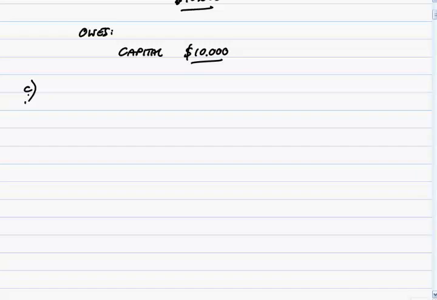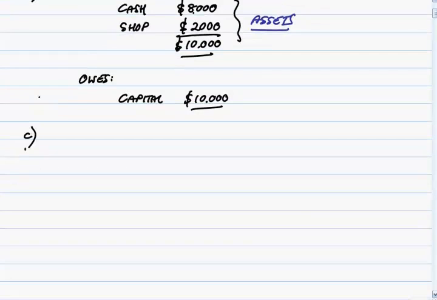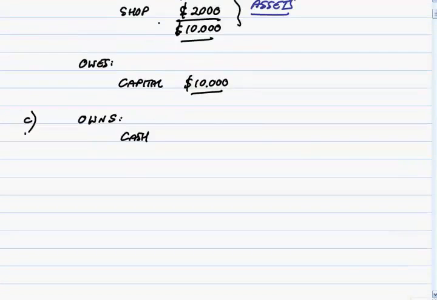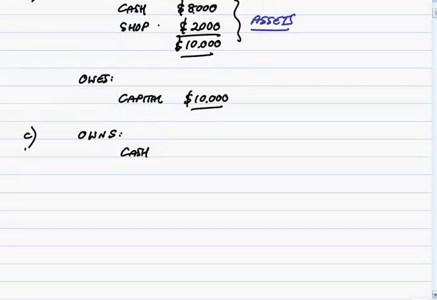Unlike the shop, of course. We did buy a shop, but we intend to keep it. So let's look at the effects. First of all, what does the business own? It's still got cash, but of course, although there was 8,000 before, they've just spent 1,000 buying these goods, and so the cash falls to 7,000. The second effect, we've now got these goods for resale.